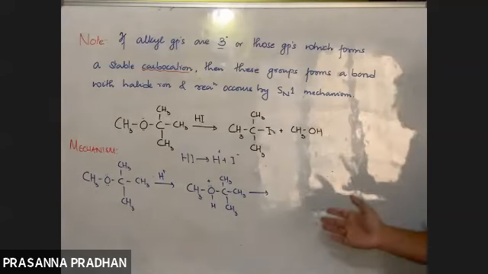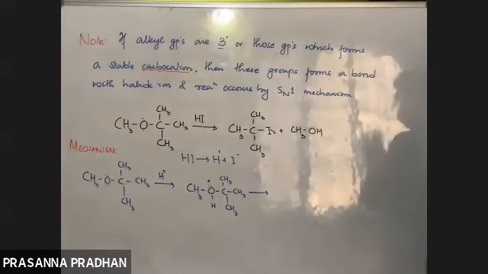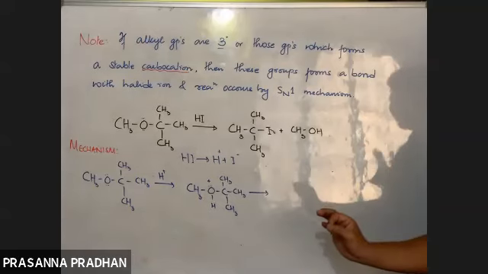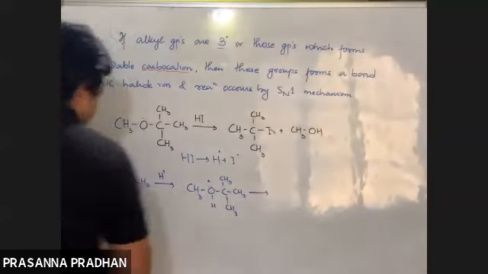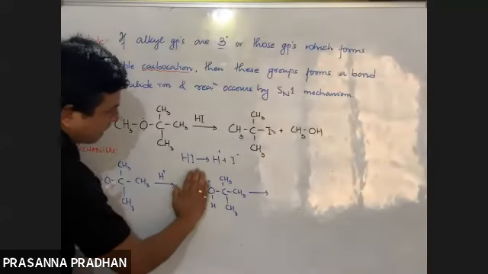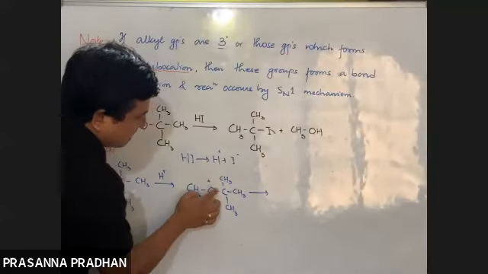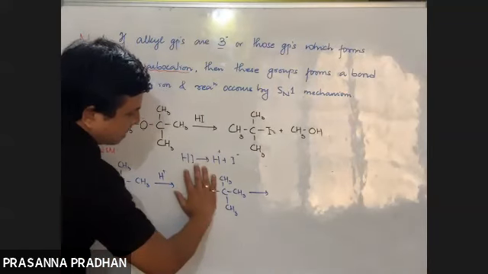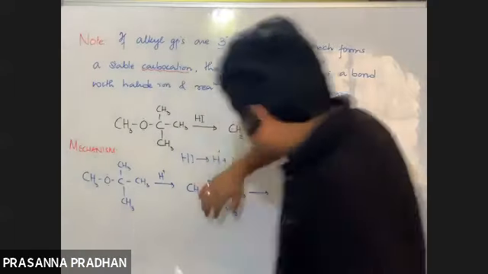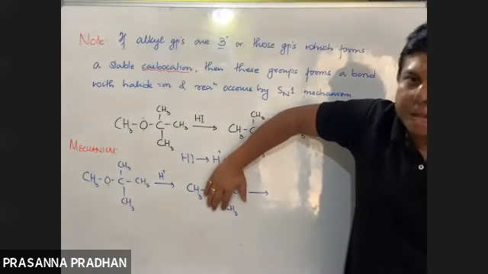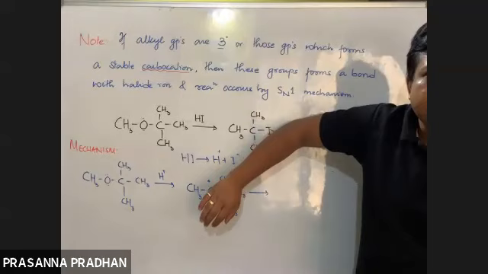I also discussed that carbocations are stabilized by resonance. Benzyl carbocations are really stable. So any carbocation which is resonance stabilized is very stable. Now if the bond cleavage occurs here, a tertiary carbocation will be formed, which is very stable. And if the bond breaks here, a methyl carbocation will be formed, which is very unstable.